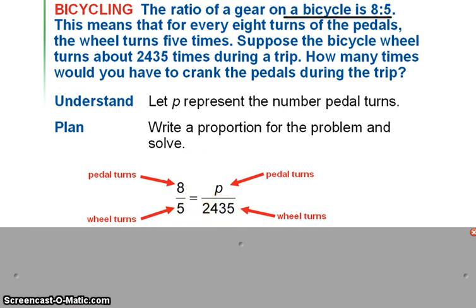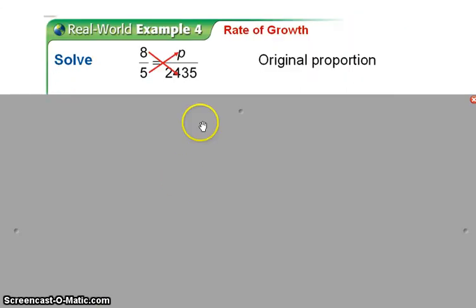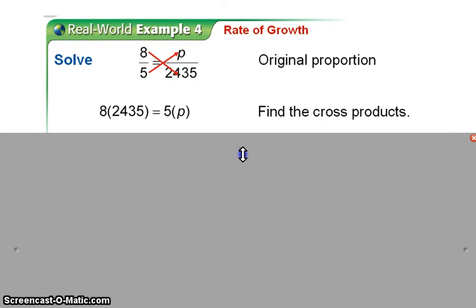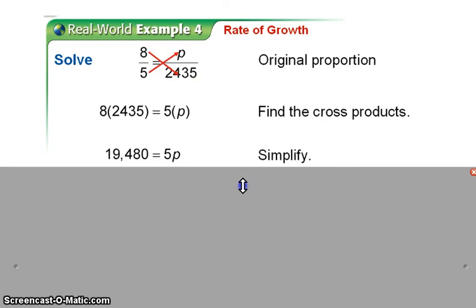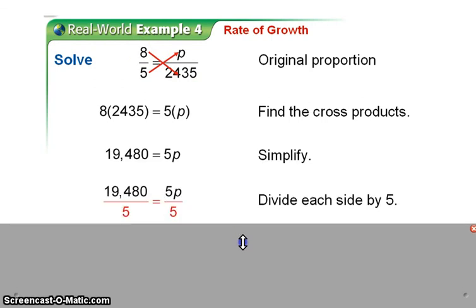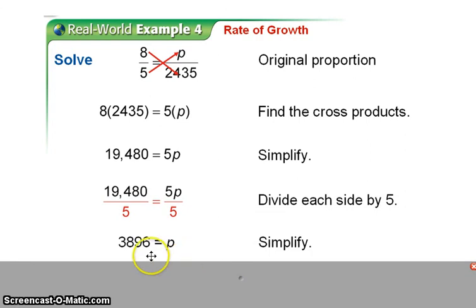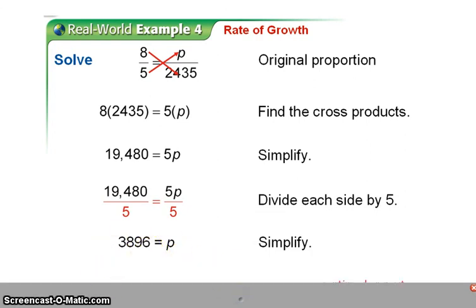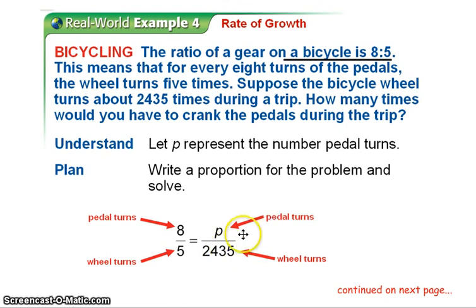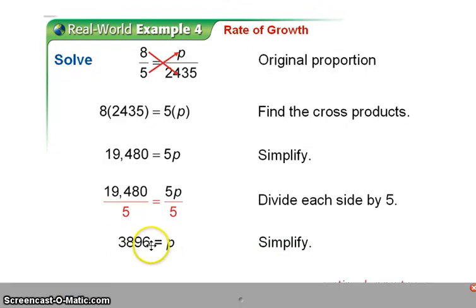Then you can just do your cross multiplication. Okay. Here's your cross multiplication. Multiply it out, simplify it, divide both sides by 5, and you get 3,896. Okay. That's how many pedal turns you're going to have to do.